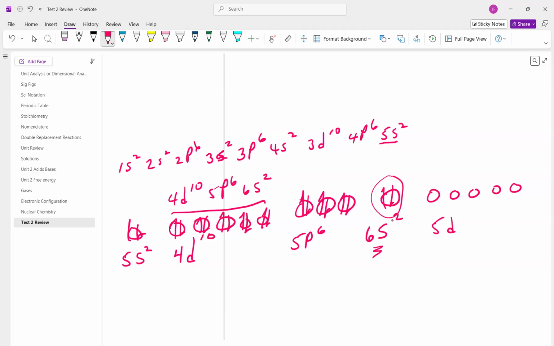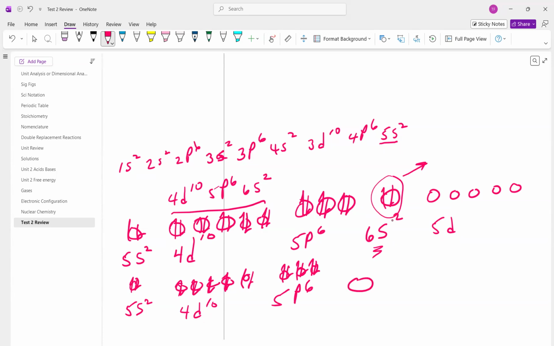So if these 2 left, now we have a full shell.